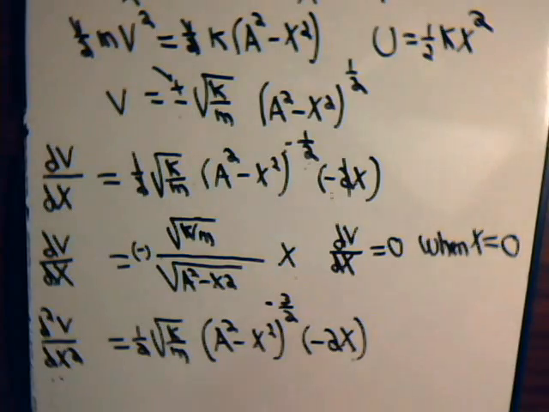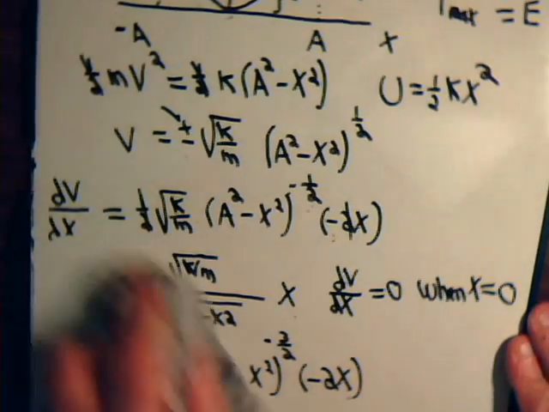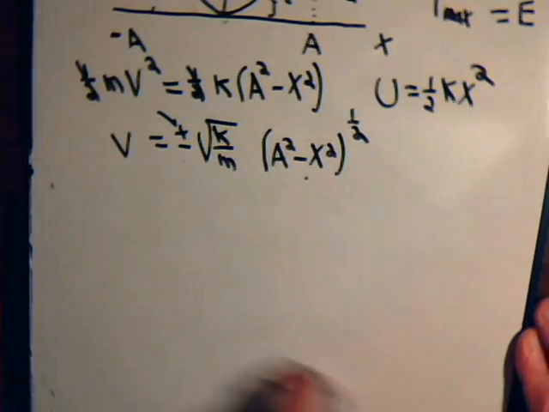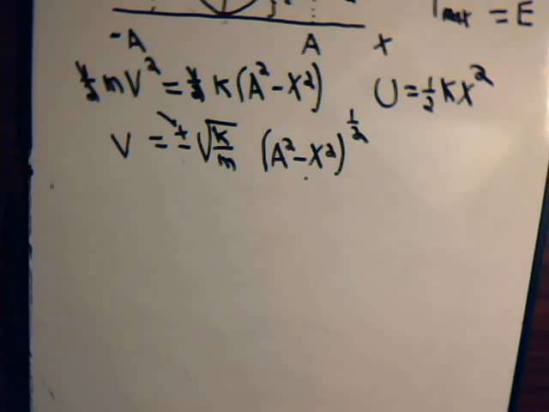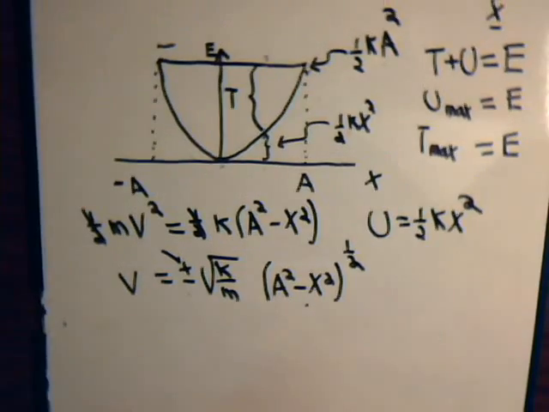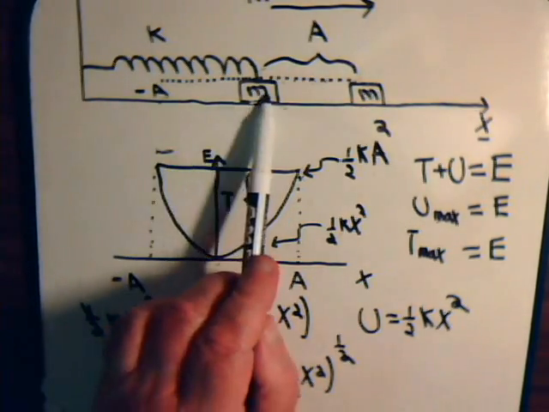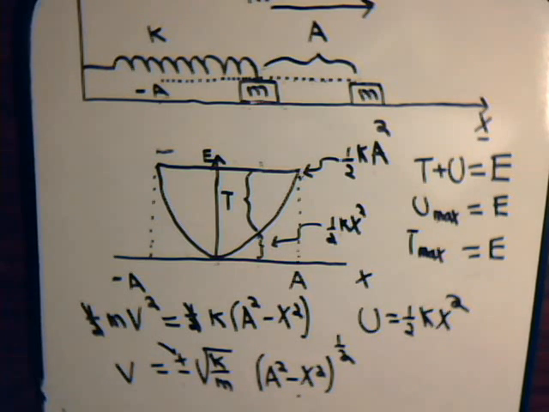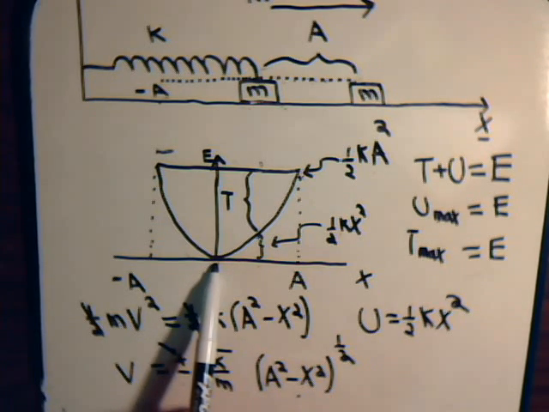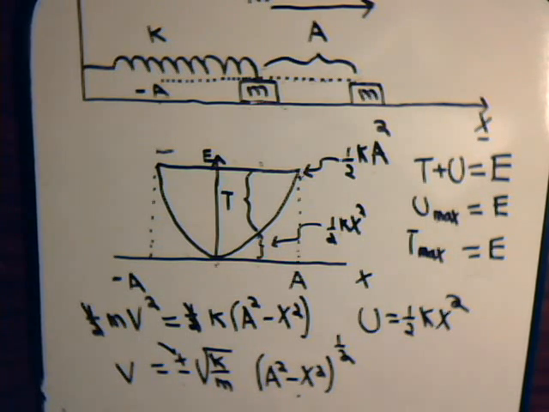We can erase this. Don't need this any longer. But what we have then is that the maximum velocity of the block is right here, and since that's the maximum speed for the block, and since the mass of the block is constant, then that is where the kinetic energy has its maximum value.